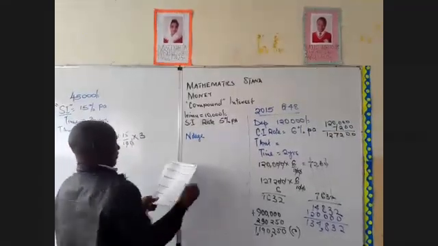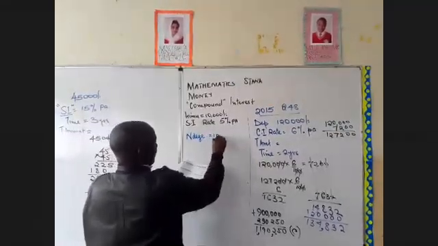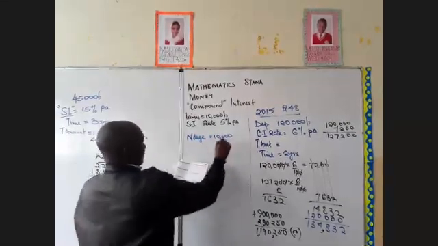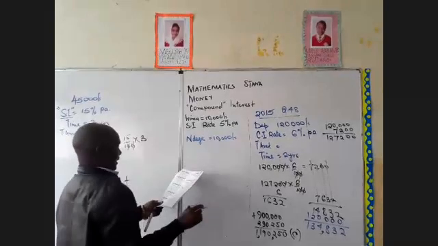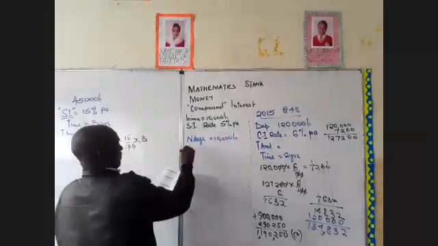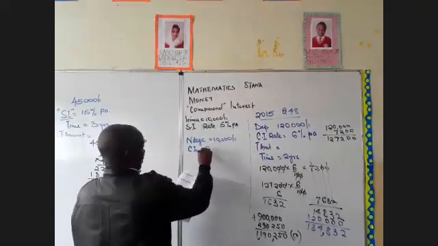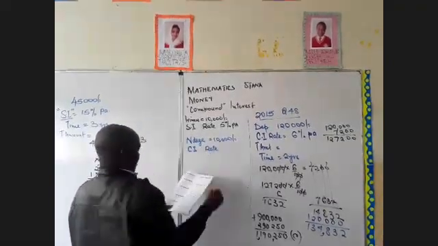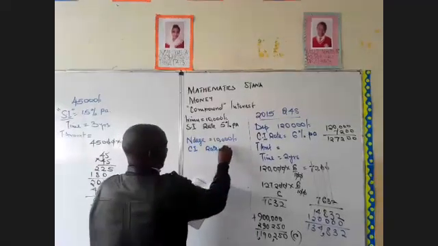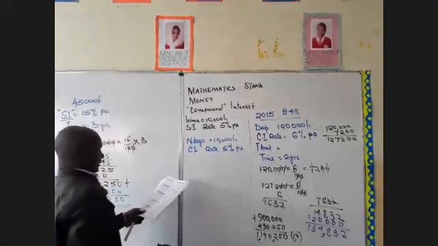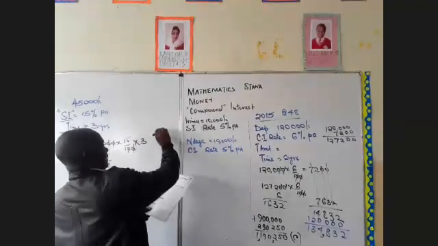Ndege deposited 10,000 in a bank that offers compound interest at a rate of 5% per annum. This is KCPE 2010.